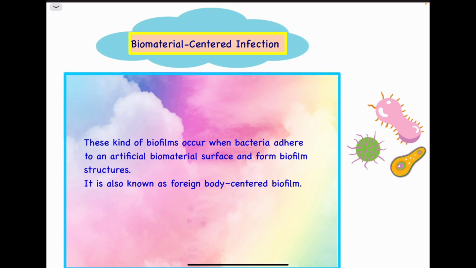Now it is also known as the foreign body centered biofilm because it is not forming on the root, it is forming on an artificial surface. For example, in a post, or in a screw, an implant screw, it can form. So these types of biofilms are known as biomaterial centered biofilms, biomaterial centered infection, or foreign body centered biofilm.